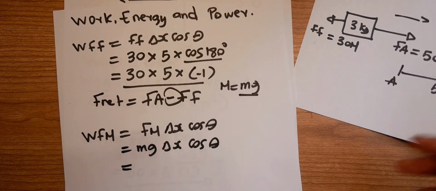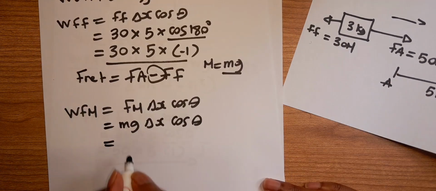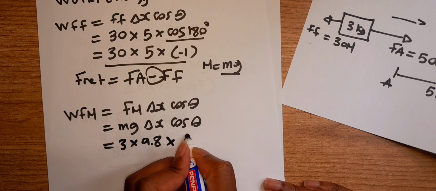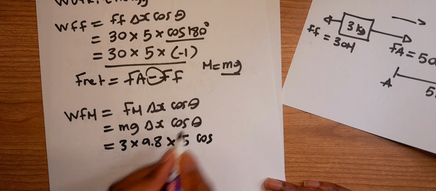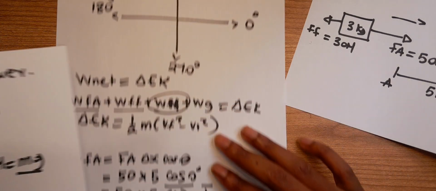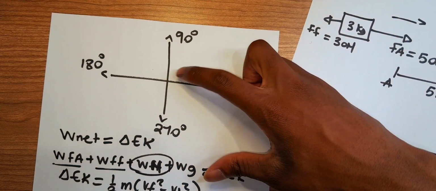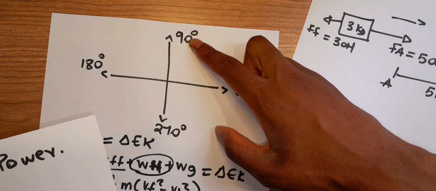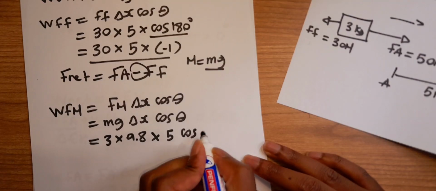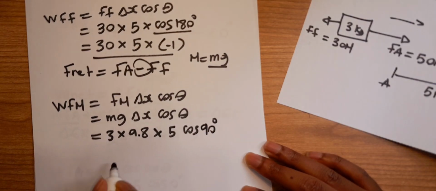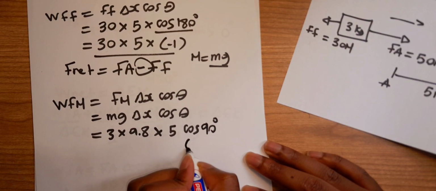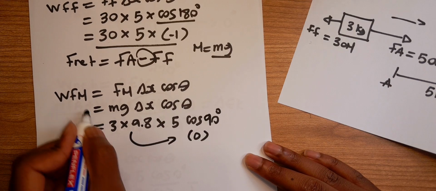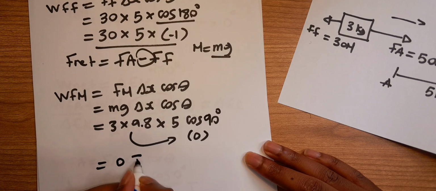The mass of the block is 3, so I'm going to write 3, and g is 9.8, and change in x is 5, the cos. But what is theta? We all know that the normal force is acting perpendicular to the surface, so it's going to be the cos of 90 degrees. Well, we all know that cos 90 degrees is the same as 0. So you're going to multiply all these things by 0, and the work done by the normal force is going to be 0 joules.